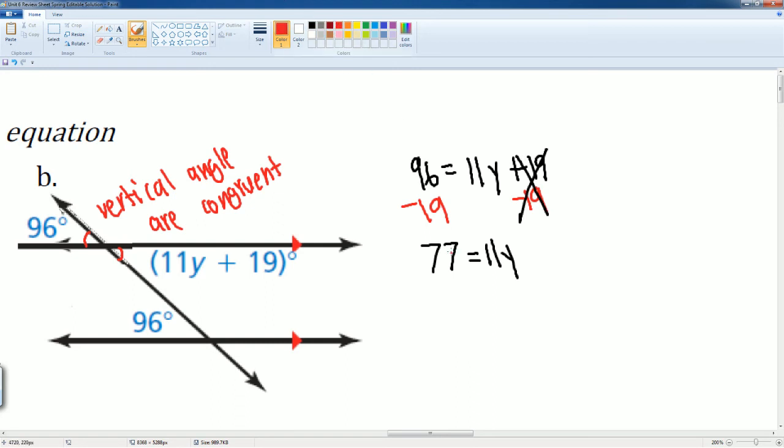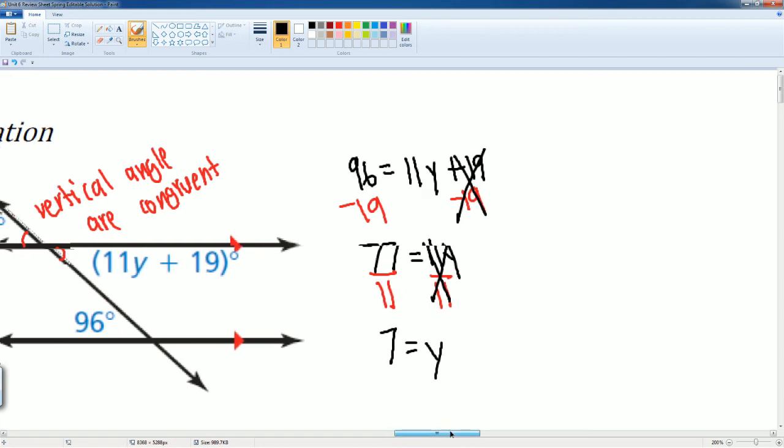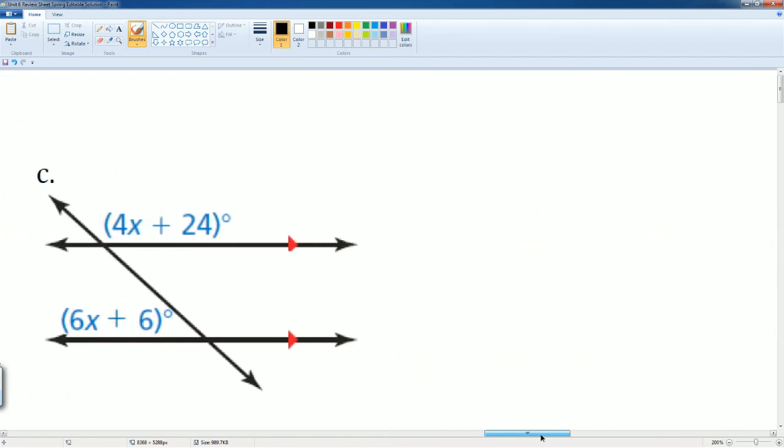Then we are going to divide by 11 on both sides. 77 divided by 11 gets you just the number 7. This cancels. 11 over 11 just becomes 1, giving you a y. Good.